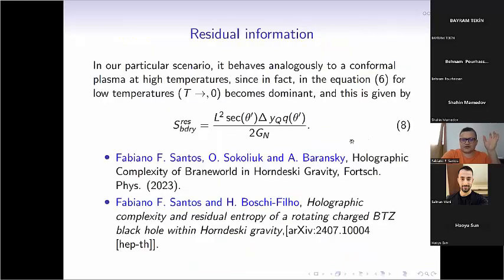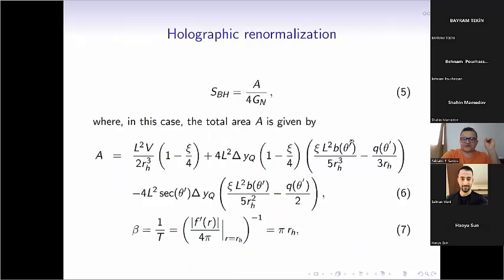In summary. Okay, but back to the black hole entropy, as I said in the beginning of the presentation, the idea is to study what happens with the bulk viscosity and shear viscosity for modified gravity theories, for Horndeski gravity, right? And for that reason, we need to compute the relation between the bulk viscosity and the entropy, shear viscosity and the entropy, right?